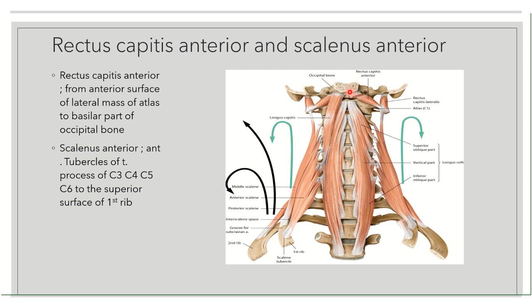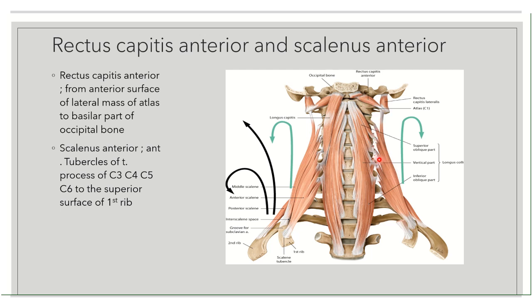So it extends from the lateral mass of the first cervical vertebra to the base of the skull at the occipital bone.